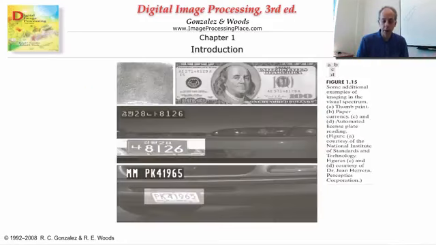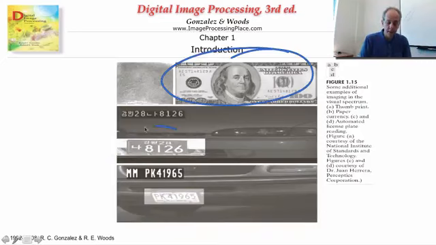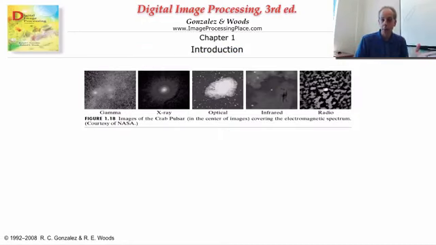Of course, our own images. This is just a picture of a dollar bill or a picture of a license plate of a car. All these are taken with the same type of technology, but probably for very, very different applications. And once again, it's very important to understand that there is not only a large variability in the type of images that we can acquire, but sometimes we use multiple modalities to acquire the same image and obtain different information.